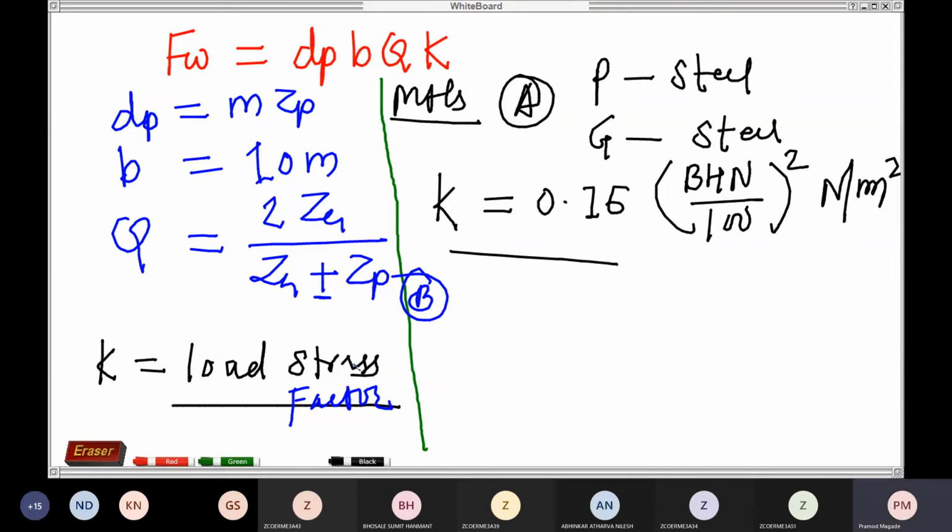To sustain that load, we'll have to consider material conditions.